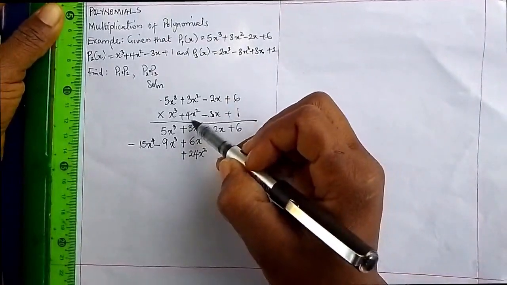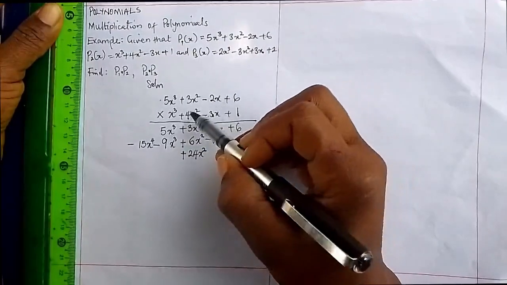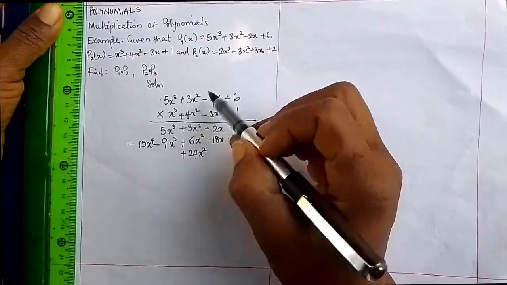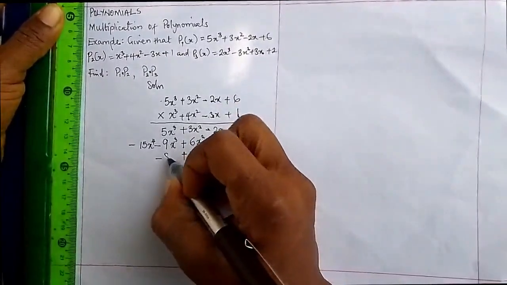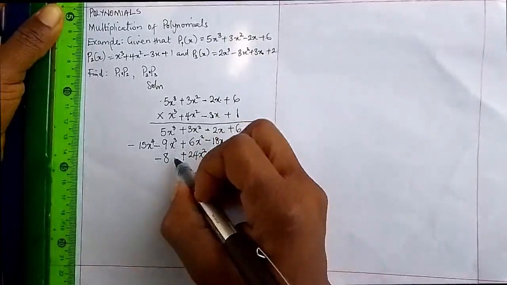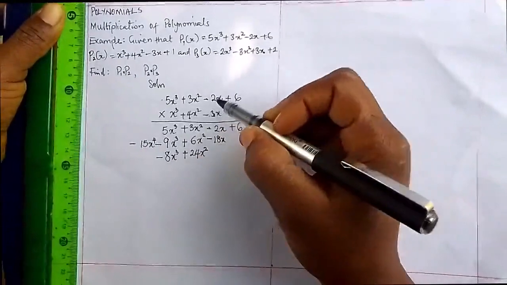Then 4x squared times minus 2x. Let's multiply the signs first. Plus times minus is minus. 4 times 2 is 8. X square multiplied by x is x cubed, or x raised to the power of 3.